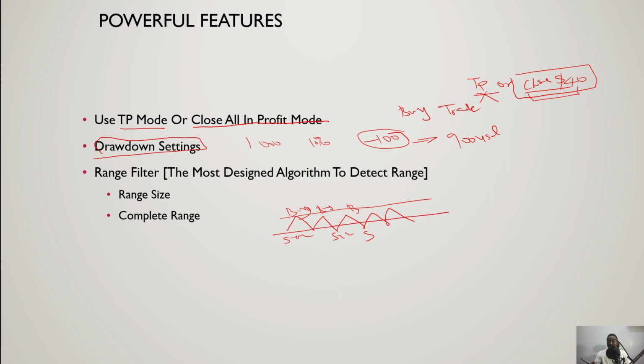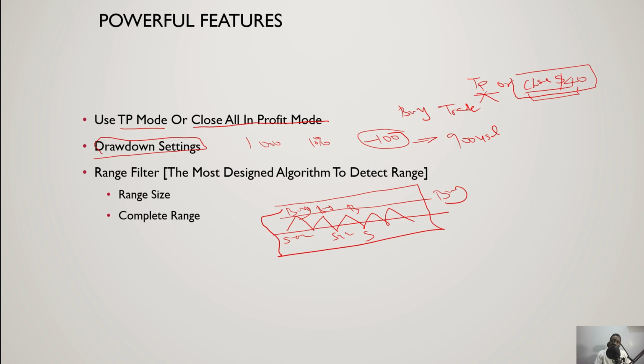Even if you have a lot of capital, you're still going to have a lot of drawdown. So that's the reason this range filter is going to allow you to detect all this range or consolidation area. Once it detects this consolidation area, you can now enter your buy outside the range zone. And that is why this range filter is very powerful. If you want to use it, just set it to true and it's going to start working.